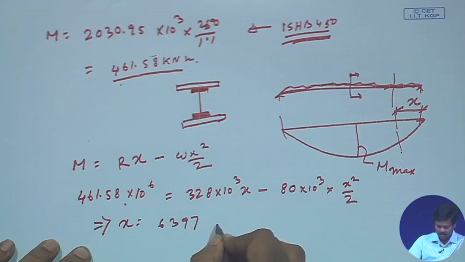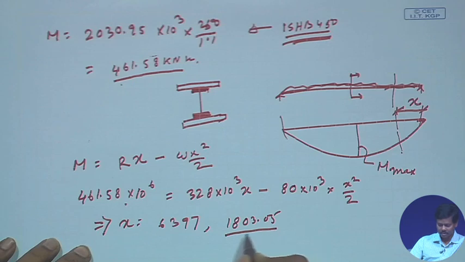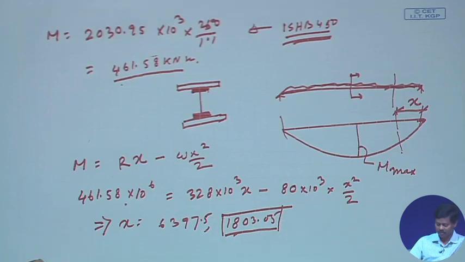6397 and 1803.05, right. So, x will be 1803.05. Okay.